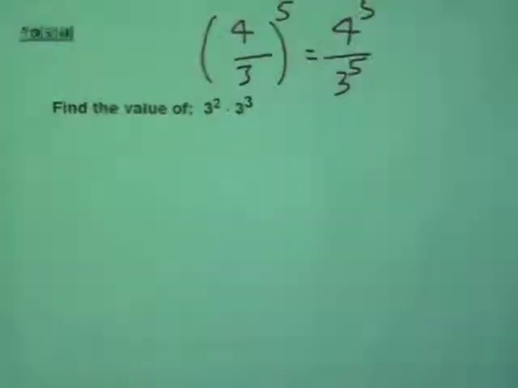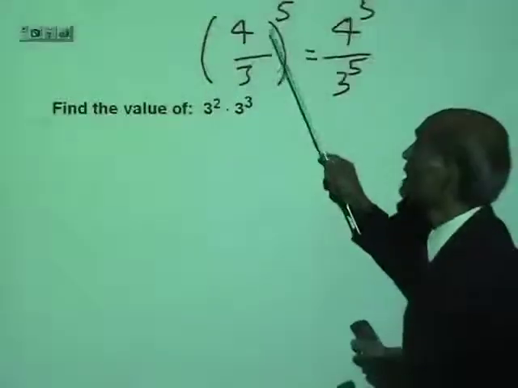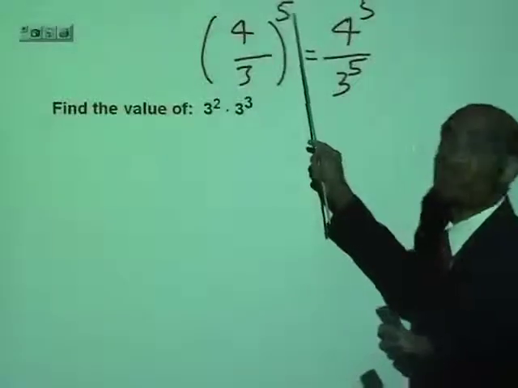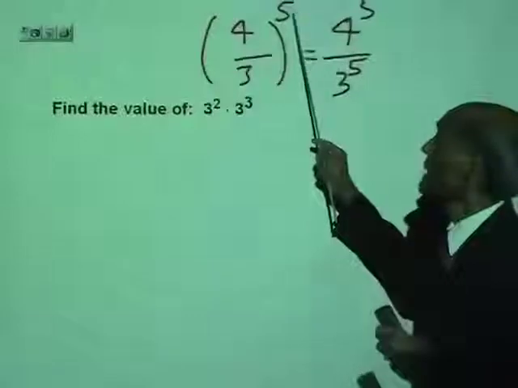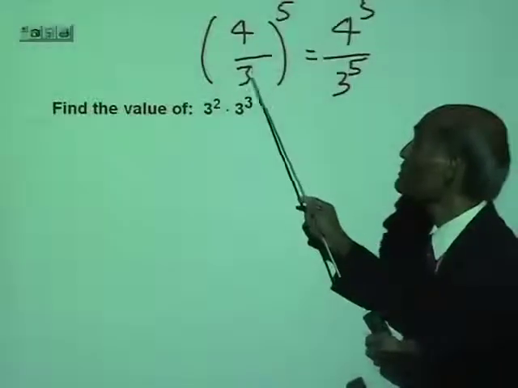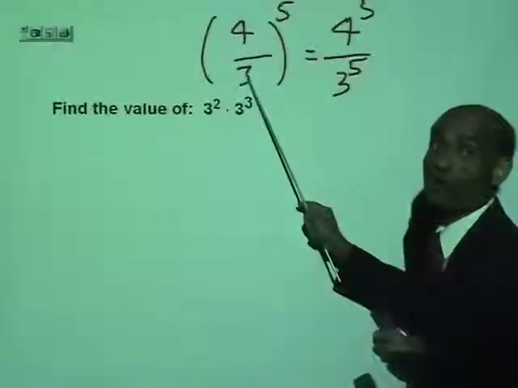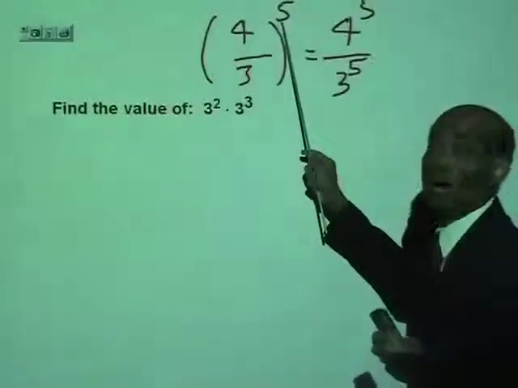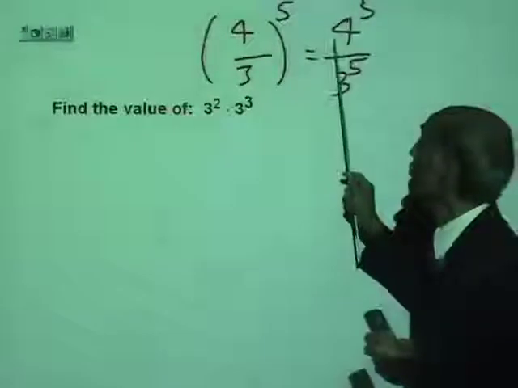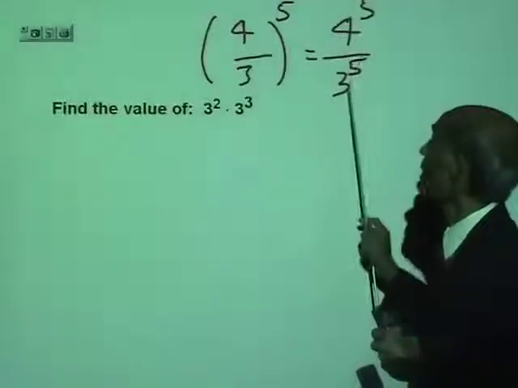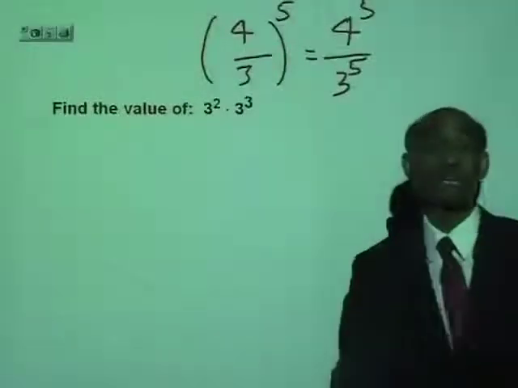In other words, when a quantity like this is raised to a power, the power belongs to each of these. 4 over 3 raised to the power of 5 is 4 to the power of 5 divided by 3 to the power of 5.